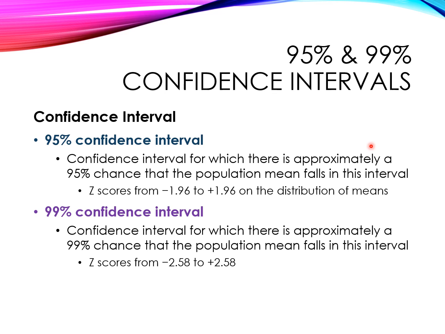Because we like to use standardized scores, you can jot these down in your notes, because the z-scores for the 95% confidence level, or for p equals 5% or 0.05, is 1.96, negative or positive.